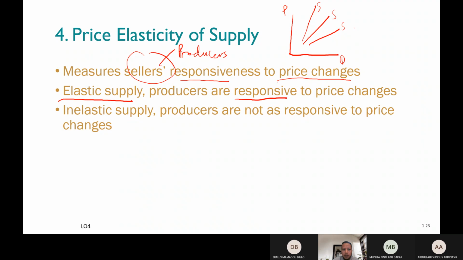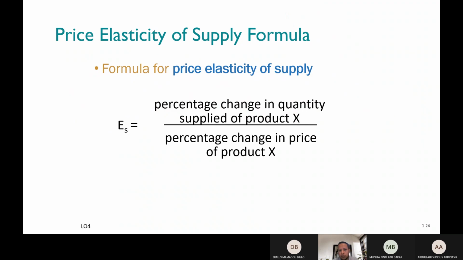For inelastic supply, producers are not as responsive. You can also calculate the price elasticity of supply through the percentage change in quantity supplied over the percentage change in the price, or you can also use the midpoint formula.